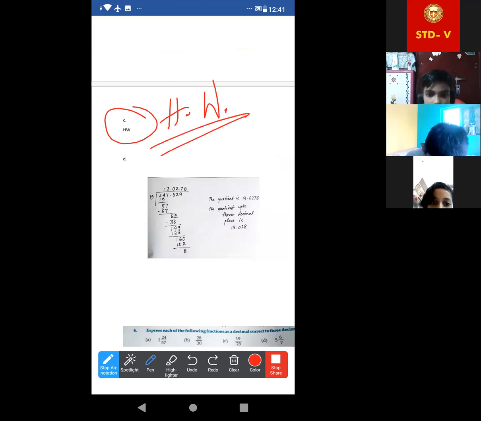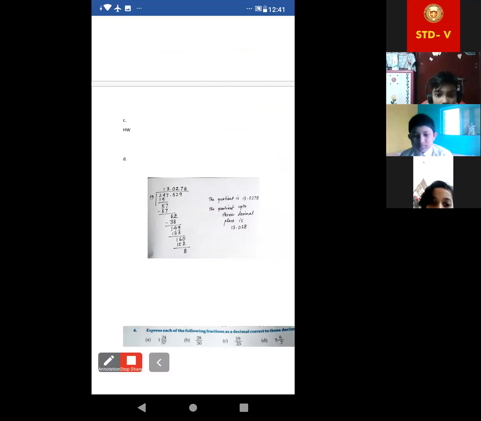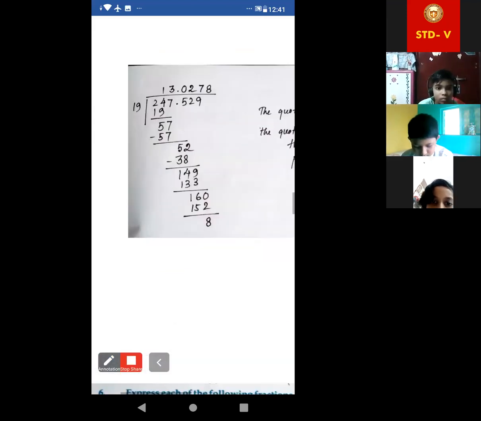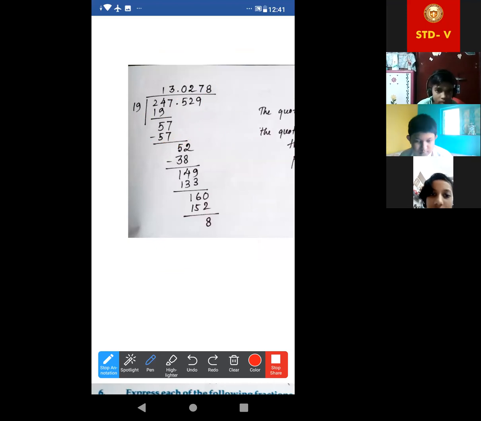Now just look at number D. It is given, we have to divide by 19. Look, it is 247.529. By 1 at first we are taking, it will be 19, then minus. Subtraction, it will be 5. This 7 will come over there. Then 3 times 19 is 57. Now if we do the subtraction, it will be 0.